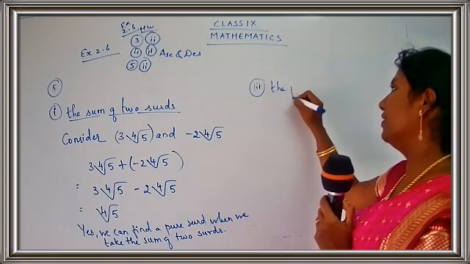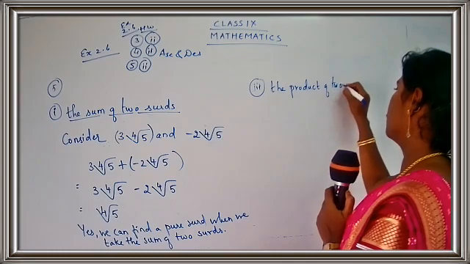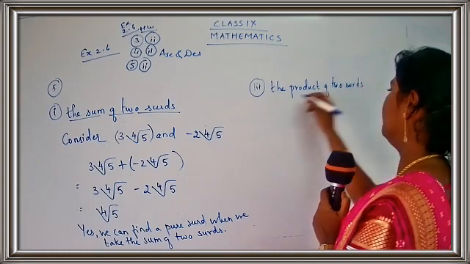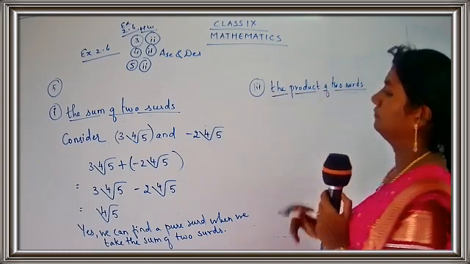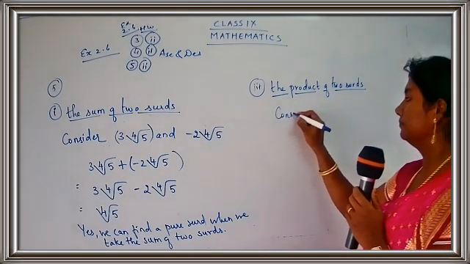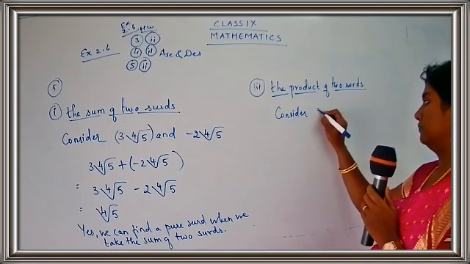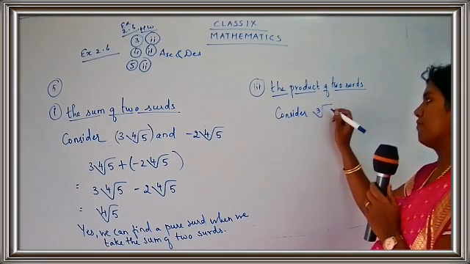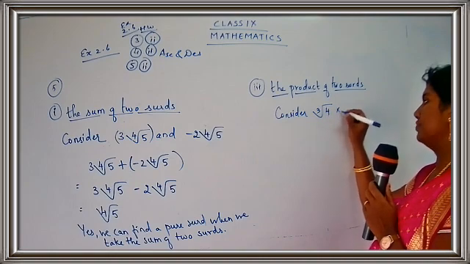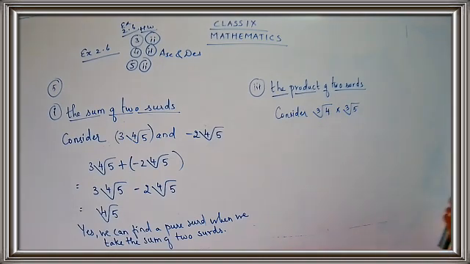So give the heading over here, the product of two surds. Write down here, consider cube root of 4 into cube root of 5.